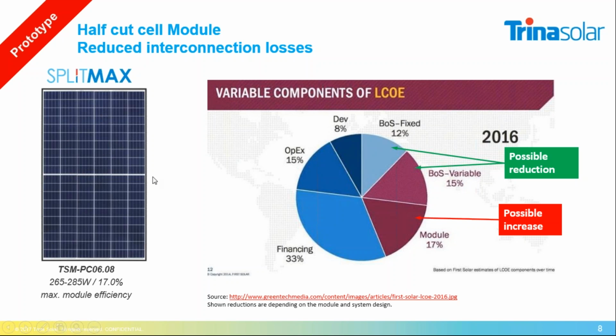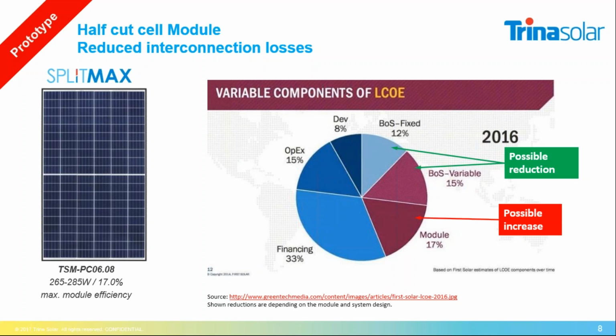Another advantage of this design is the lower shading losses. In case you have a utility scale project, there will be inter-row shading, and if you have the modules installed in a portrait orientation, the shading is coming from the bottom and will shade the lower part. That means we have an impact on the lower section, but the upper section will still operate at the maximum.